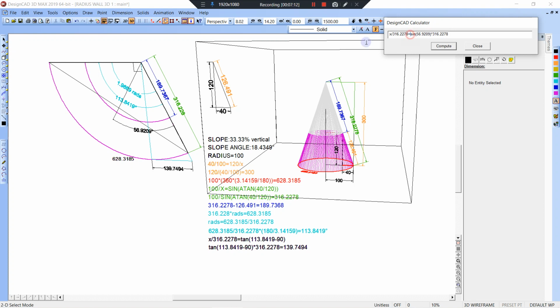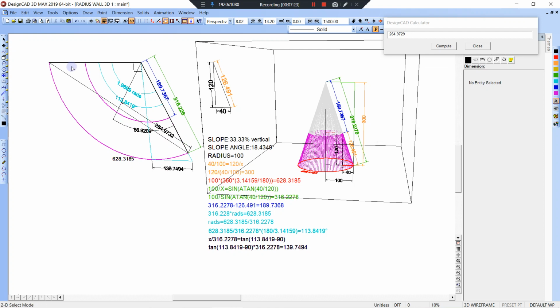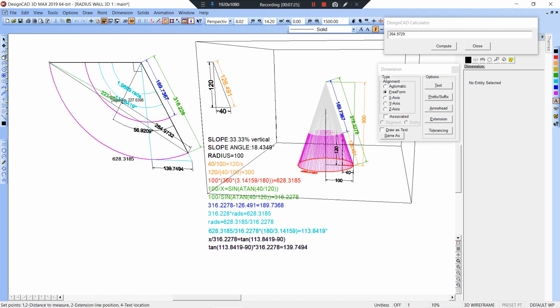Get rid of all that, backspace, and we end up with that 264 for this, and that would give you that. Double it and you would get that, right? That's the same over here.